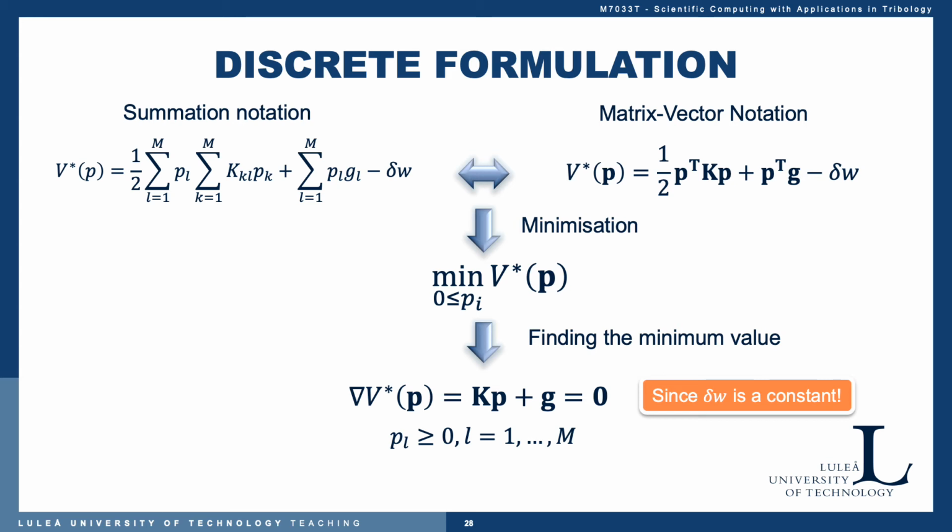We find the places where this gradient is 0, and since we have this simple matrix vector notation, it's very easy to see that if we take the gradient of this one, we obtain exactly this expression reading Kp minus G equals 0.